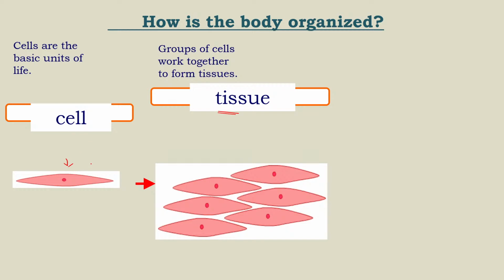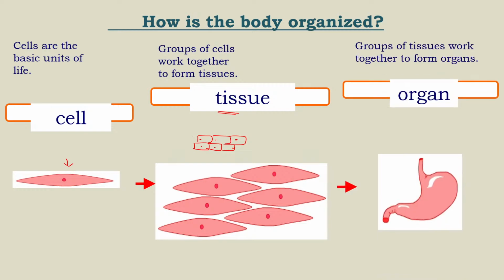So this is a single cell. When I put many cells together, I will call it a tissue, which is made up of many cells. When many tissues are put together, it forms something called an organ.